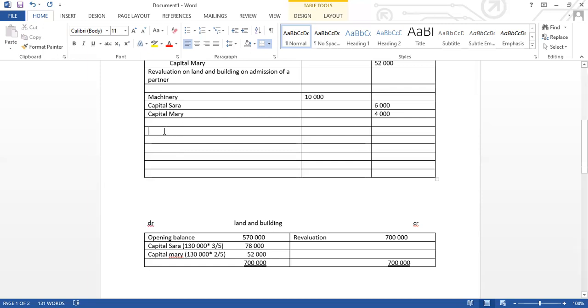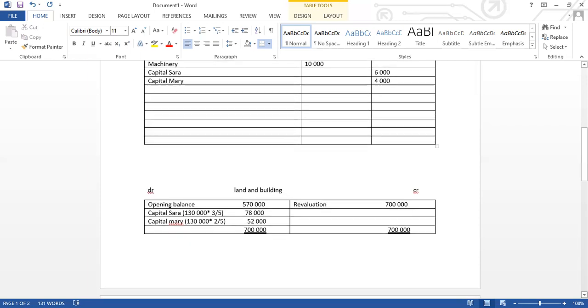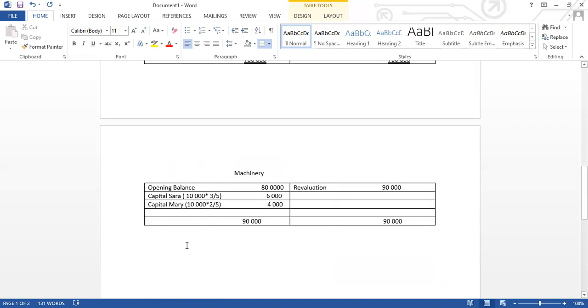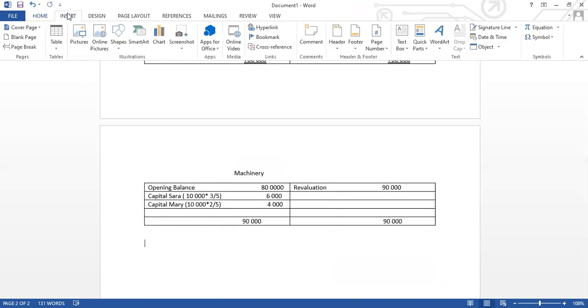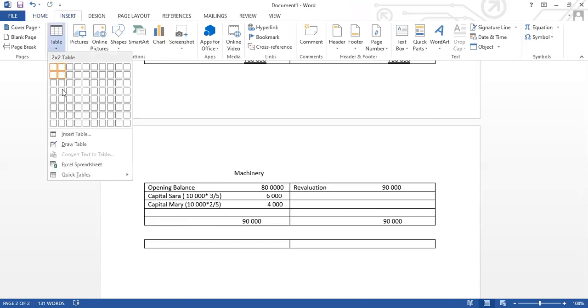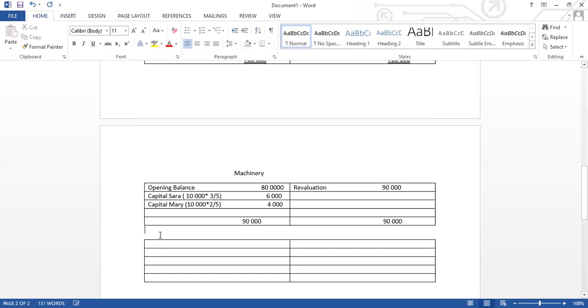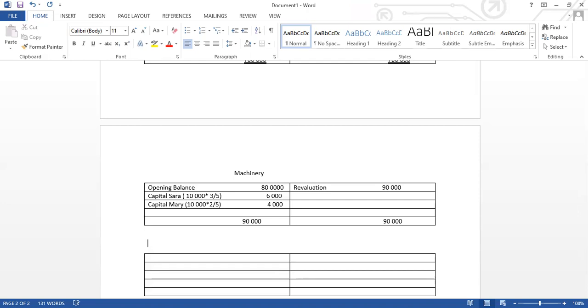Okay, so what are you? Someone was saying something about ledger accounts. Okay, let's just continue. So we continue with our ledger account. Okay, we can rejoin after.